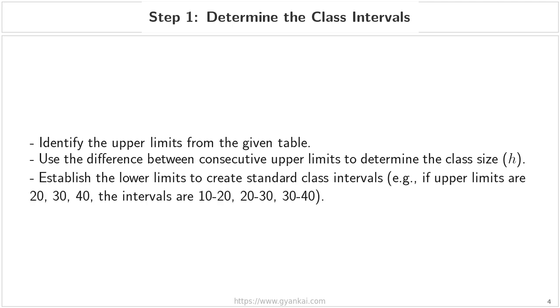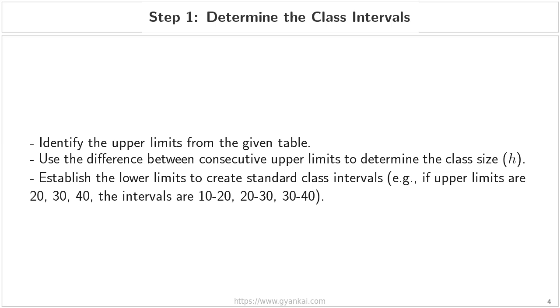Finally, we use these upper limits and the class size to establish the lower limits, which allows us to create standard class intervals. For example, if your upper limits are 20, 30, and 40, you can see the difference between them is 10. Therefore, your standard intervals would be 10 to 20, 20 to 30, and 30 to 40.